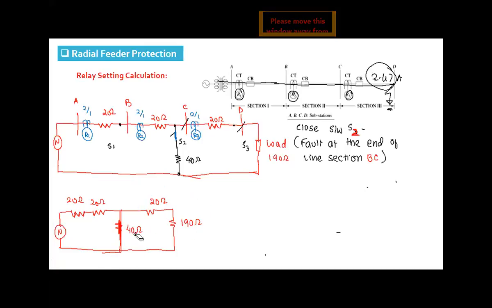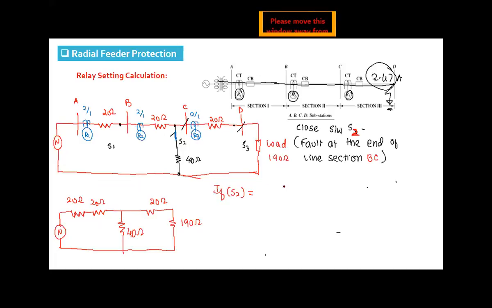Here there is no dead short circuit. How many ohms are here? Then there will be a parallel circuit. Some current will pass through 40, some through the remaining part. So what will be the fault current then?